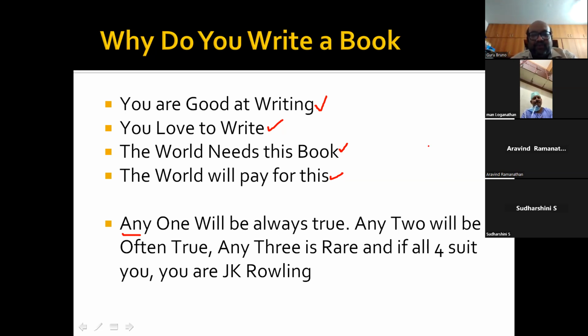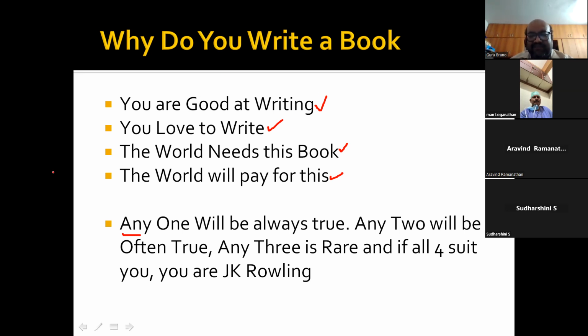So if one of these doesn't happen, for example, you write a book which you think is very much needed, but no one is paying, don't worry, promote it. Even if you are not good at writing, you can write a book which will pay well. If you can write a book which is needed by the world, over a period of time, in the second edition, we can upgrade it.